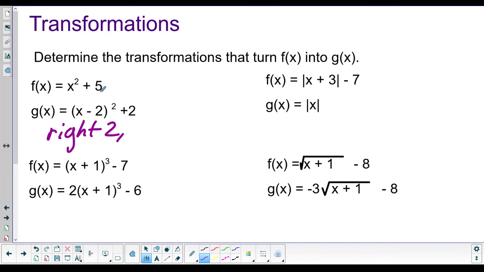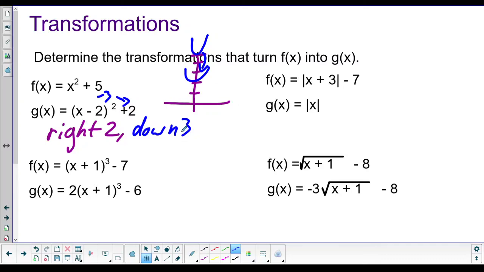This one is up 5. This one's only up 2. So if we're looking at our axis, 1, 2, 3, 4, 5, comparing this to this one has to go down 3, because to get from 5, you go minus 3, and now you have 2. So we're going to go down 3.